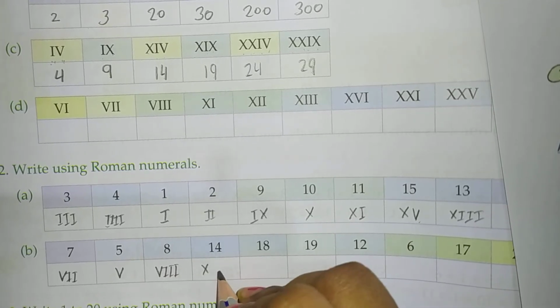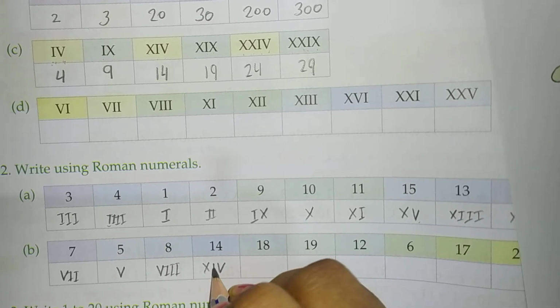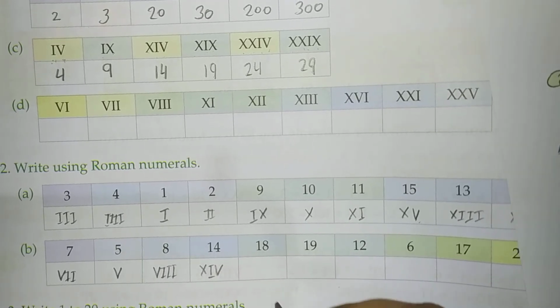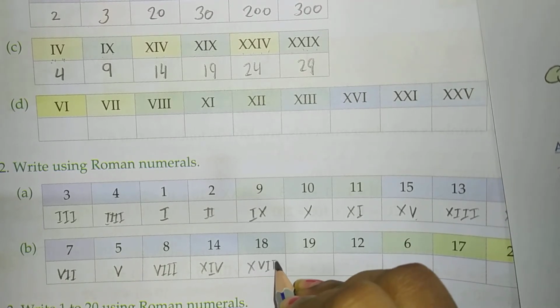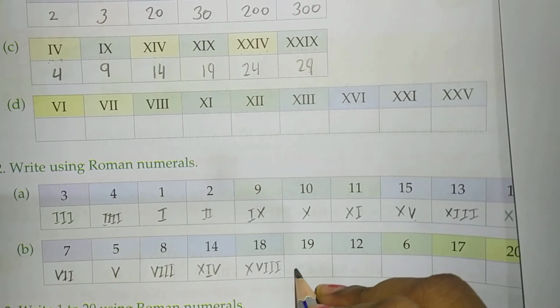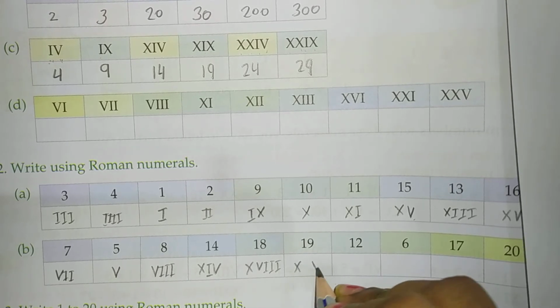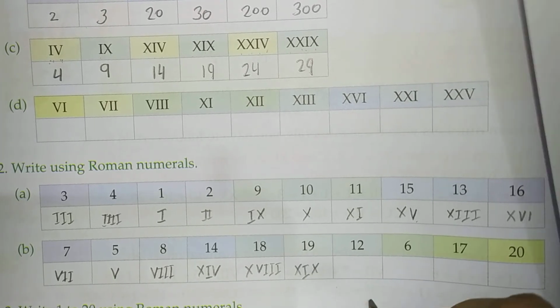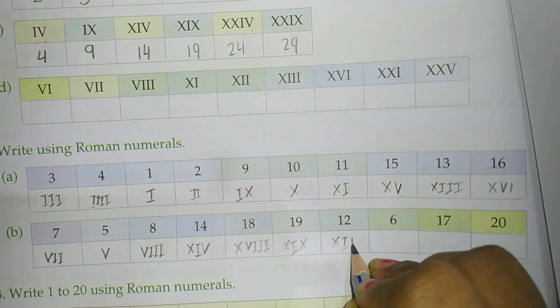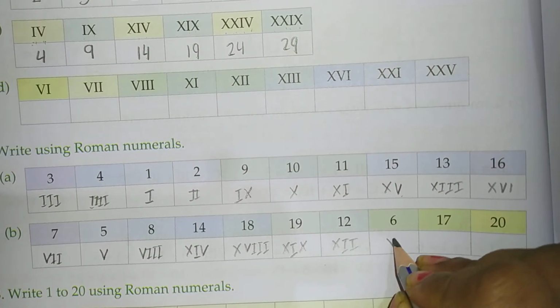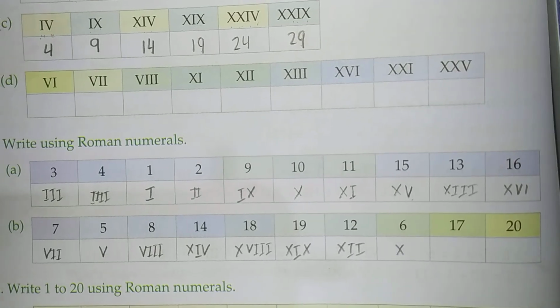14 is 10, 5, 15 minus 1, 14. 19 is 10, 20 minus 1, 19. 12 is 10, 11, 12.